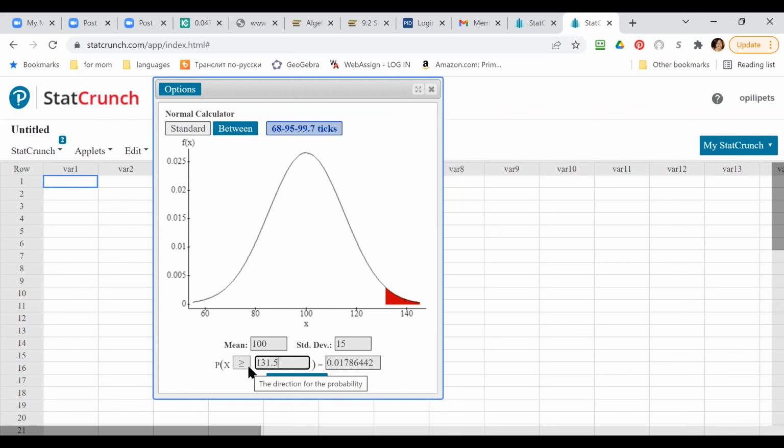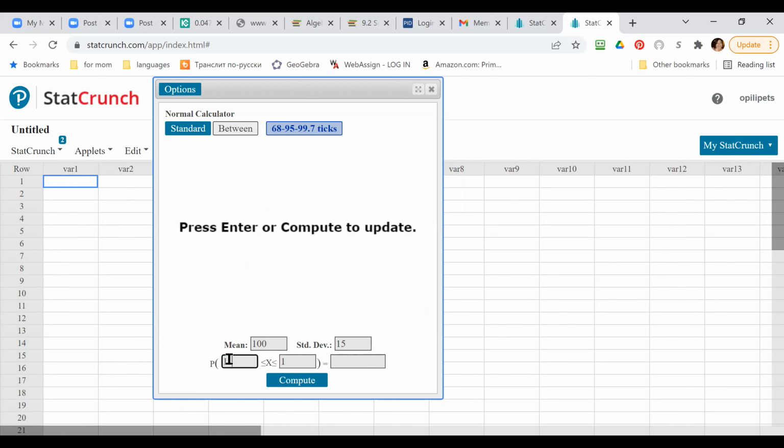Okay, the next question reads, find the probability that a randomly selected adult has an IQ between 110 and 120, referred to as bright normal. So we're going to switch to between. And for the x values, we're given 110 and 120.